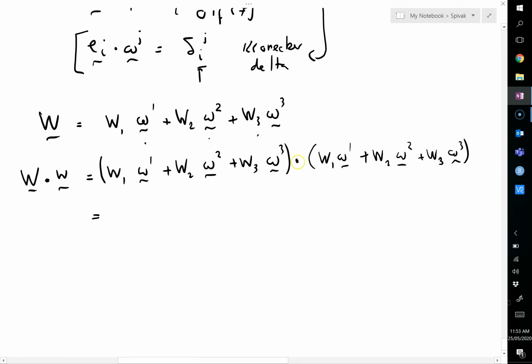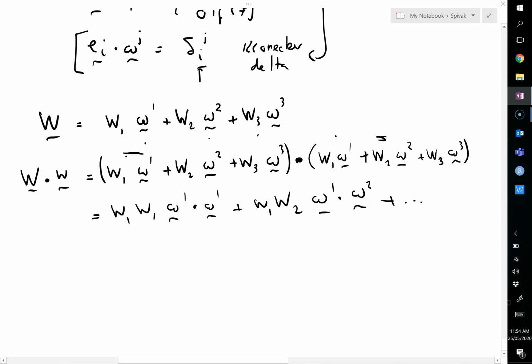Equals. And then what I'm going to do is to use the distributivity of the dot product, and it's w1 omega 1 dot omega 1 for this term times that term, plus w2 omega 1 dot omega 2 for this term times this term, plus all the way along.